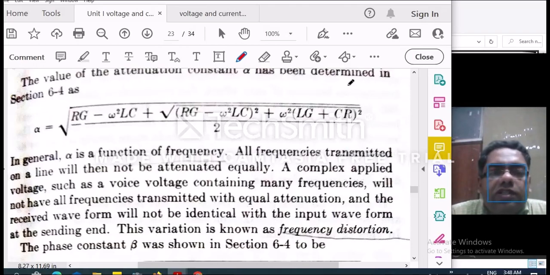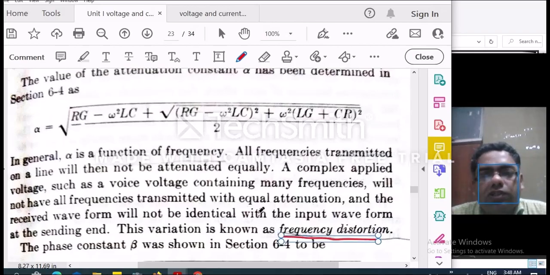Our voice has different frequency components, and they will be attenuated in different ways. So at the receiver side, different frequency components will change their amplitude depending upon attenuation, and the waveform will be distorted. This type of distortion is called frequency distortion.